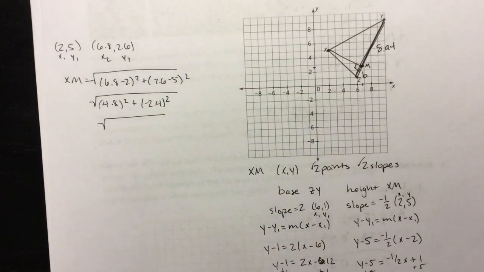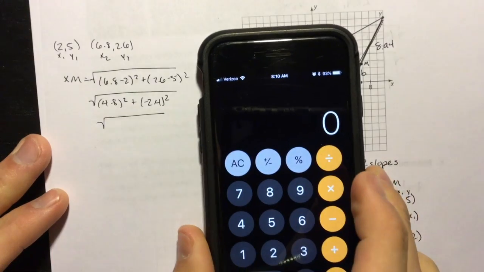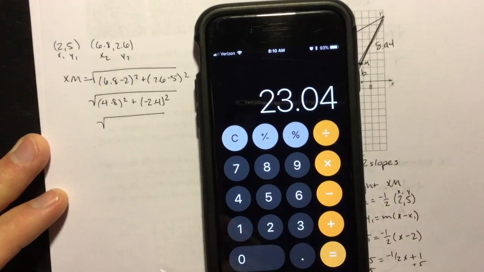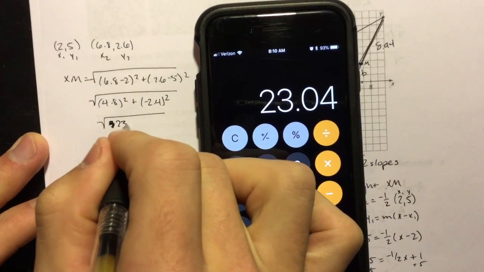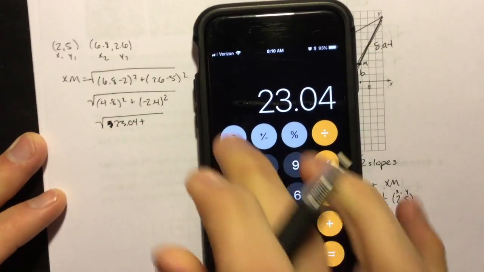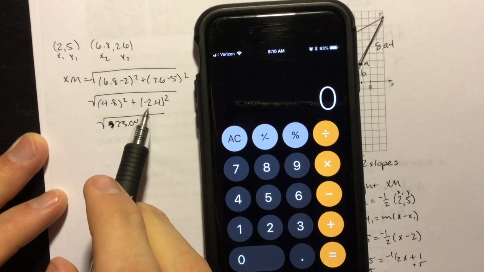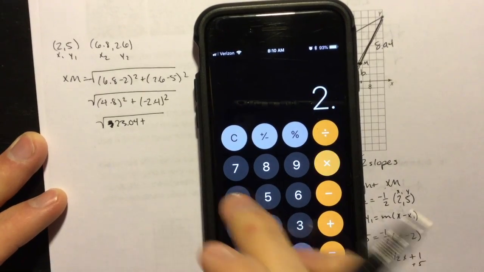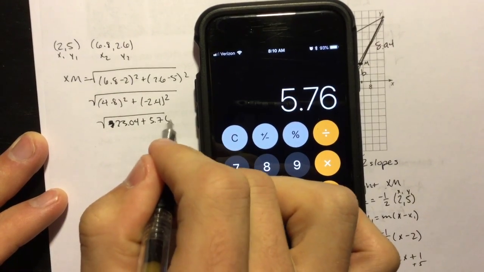And I can't do these ones in my head, so back to some phone math. 4.8 squared, 4.8 times 4.8, 23.04, plus negative 2.4 times negative 2.4, which is just going to be a positive number because negative times negative is a positive, so I'm just going to put in 2.4 times 2.4, which is going to be 5.76.